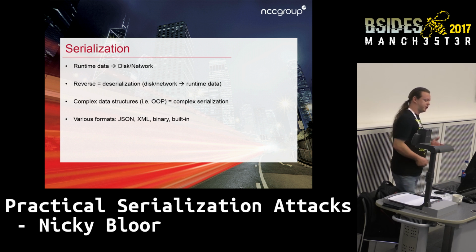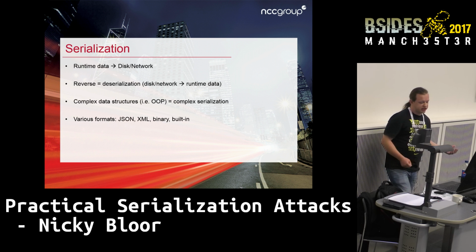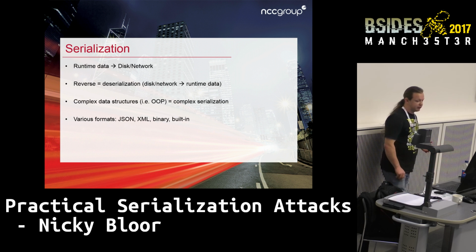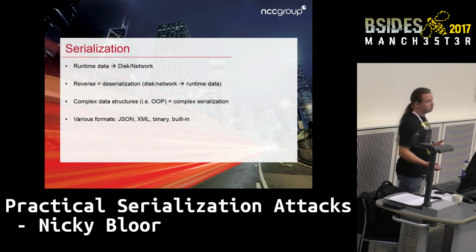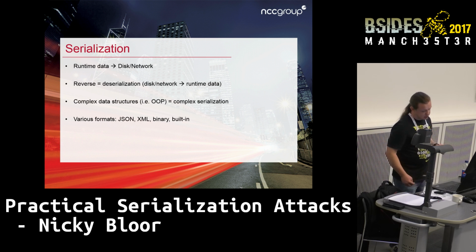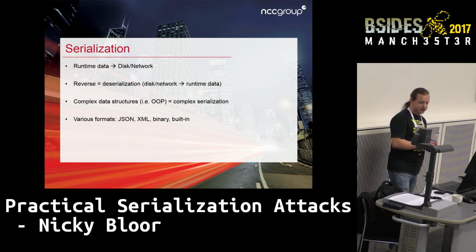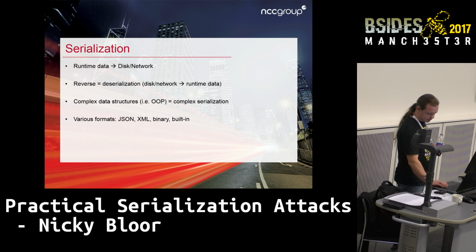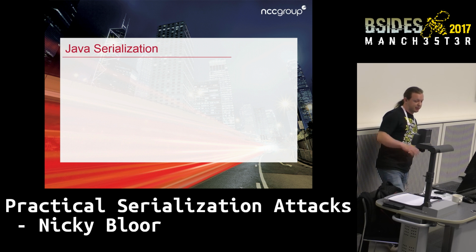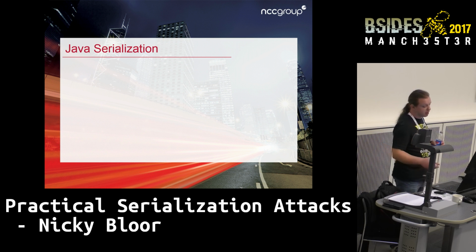You can serialize data into simple text formats such as JSON and XML, binary formats, or a lot of high-level languages have a built-in format and built-in serialization functionality. For this talk, we're going to focus on Java's built-in serialization, just to keep things simple. But the high-level concepts, same kind of ideas, do apply to other technologies such as PHP.